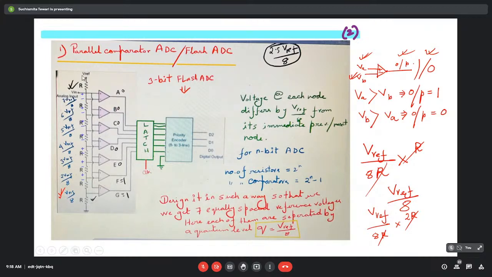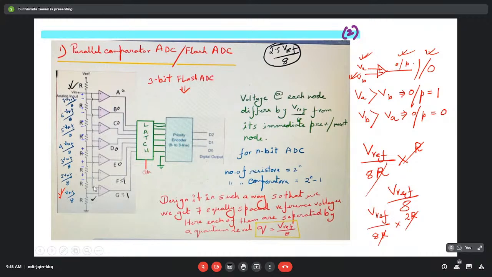So total V reference has been divided into 7 such ranges. This one here is V reference by 8. So here V in is getting compared with V reference by 8.